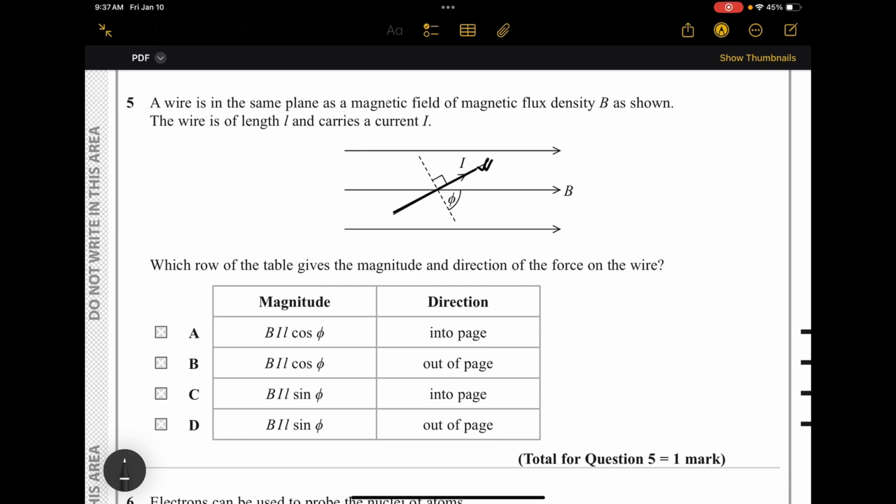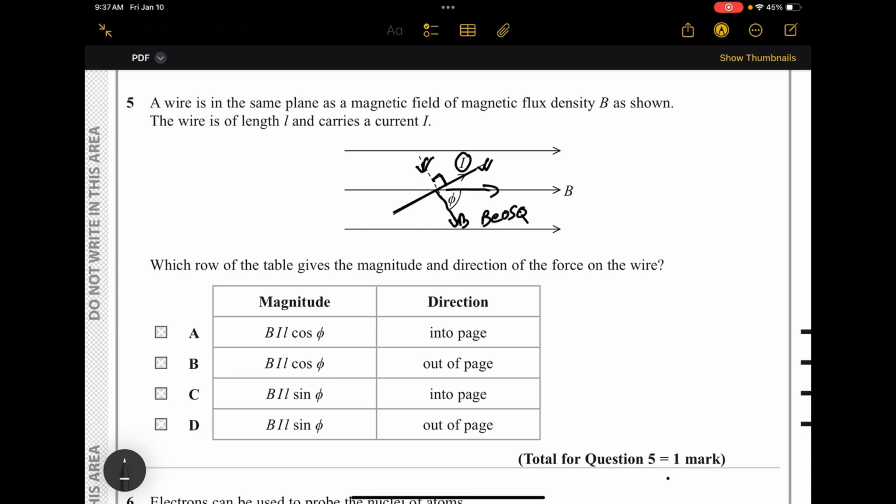This dotted line has been given as our magnetic field, which is perpendicular to the current. So this B was like this, but right now it is at an angle, so we can say B cos phi.